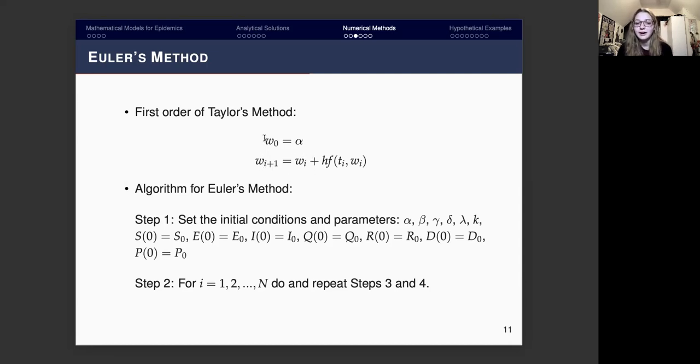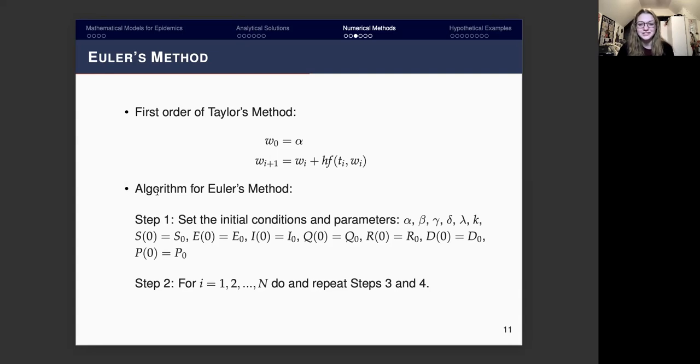So we take our initial value here, alpha, and plug in t0 and w0 in for our function, and we multiply that times h, which is our step size.